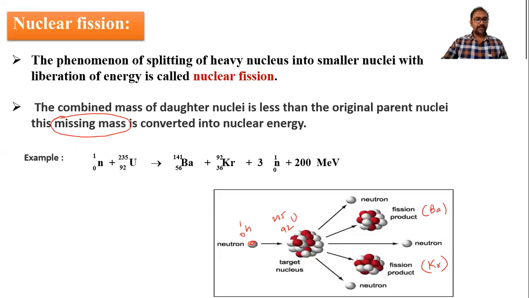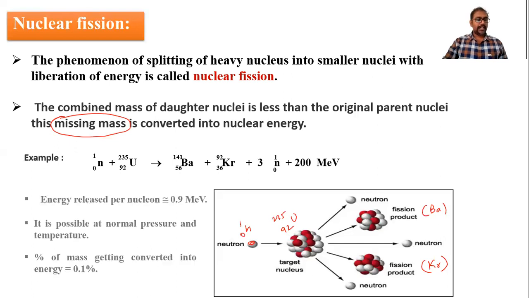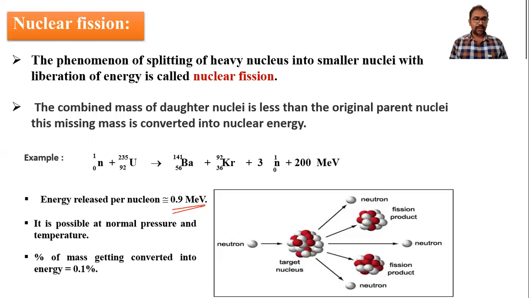In nuclear fission, the energy released per nucleon is 0.9 mega electron volt. The total energy is 200 mega electron volt, and there are 235 nucleons. If you divide 200 by 235, we get approximately 0.9 mega electron volt per nucleon.